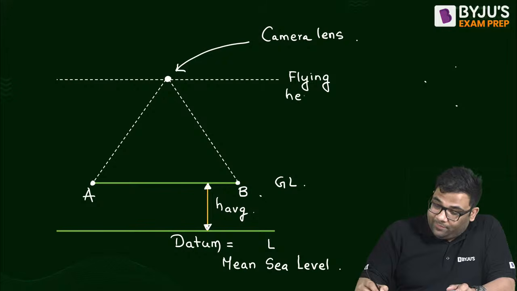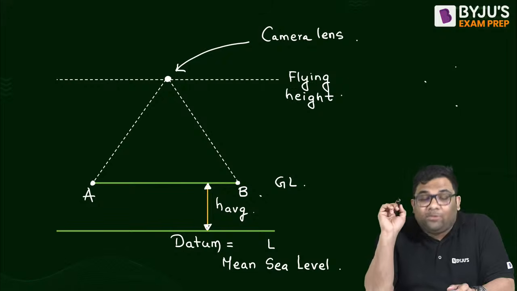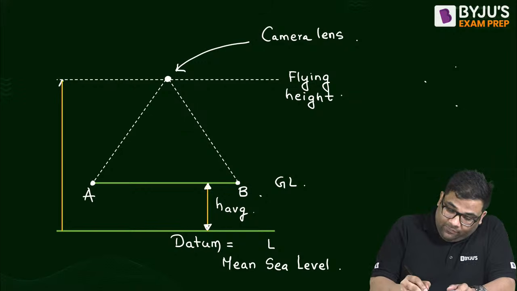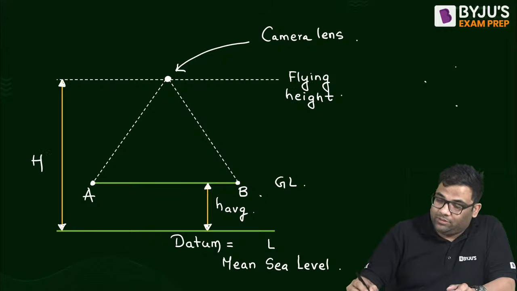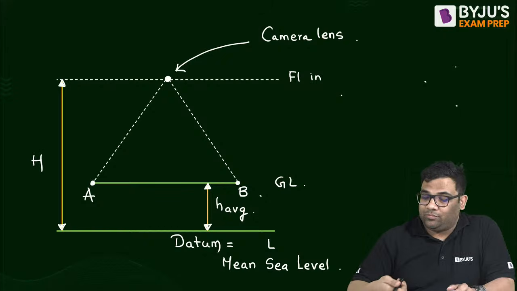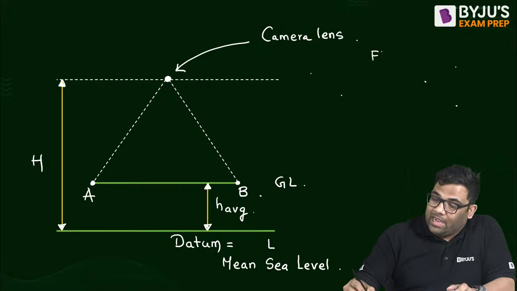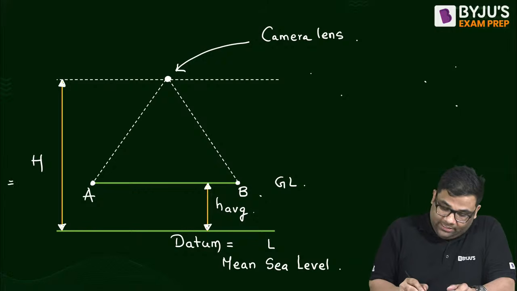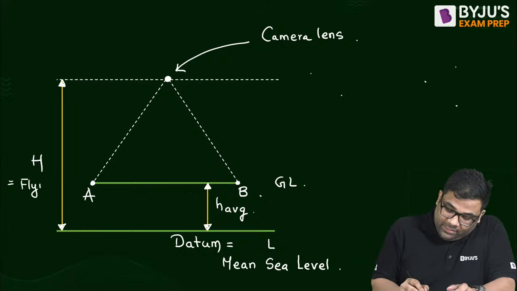I can say the elevation of this flying height from the datum is the flying height. This is flying height h. Very nice.